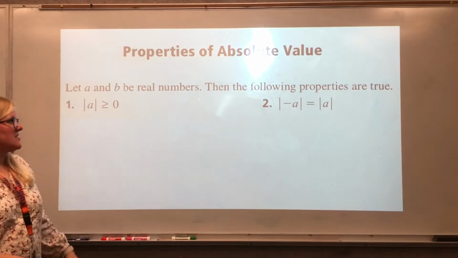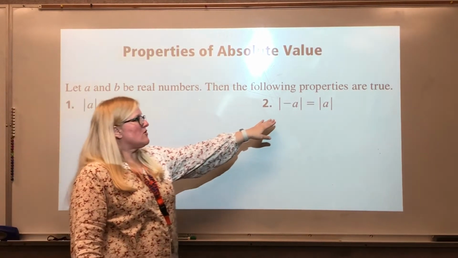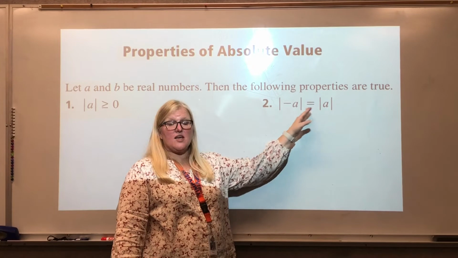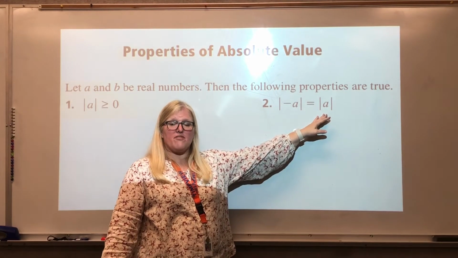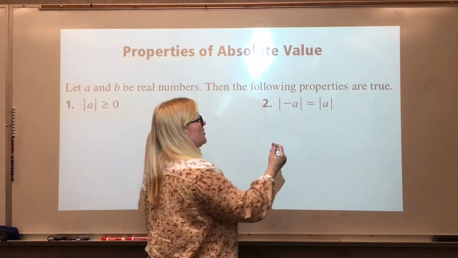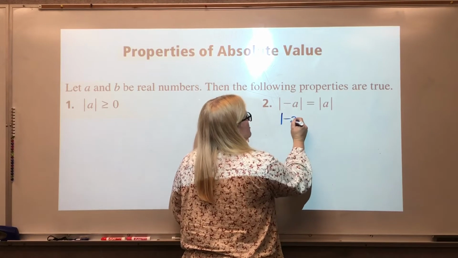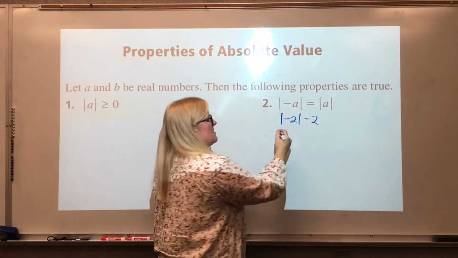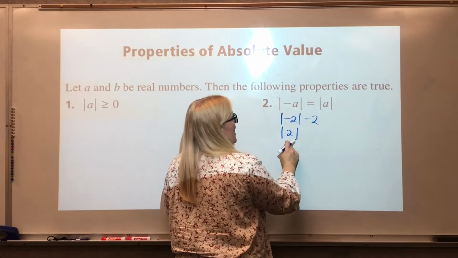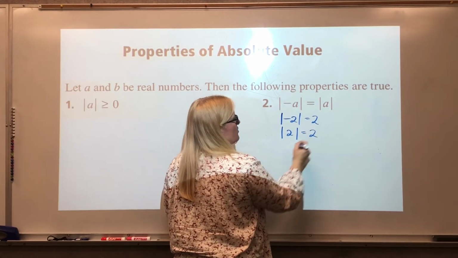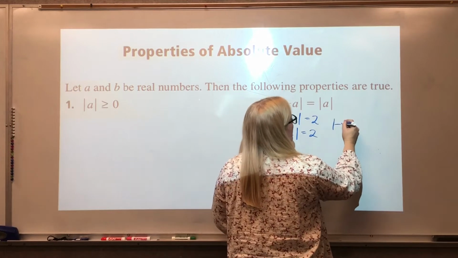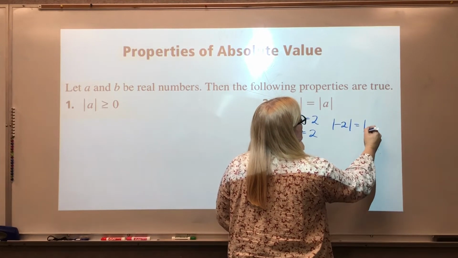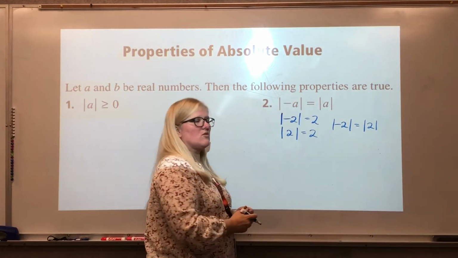The second is that the absolute value of a negative number equals the absolute value of the positive number. So for example, the absolute value of -2 equals 2, right? Well, the absolute value of 2 also equals 2. Therefore, the absolute value of -2 equals the absolute value of 2.